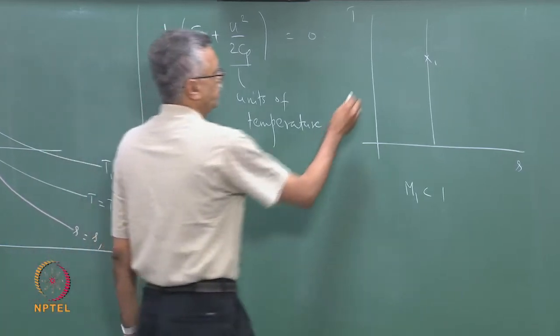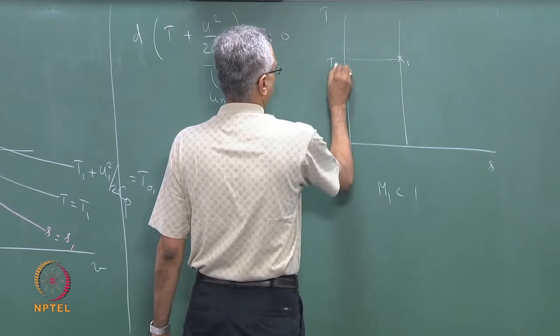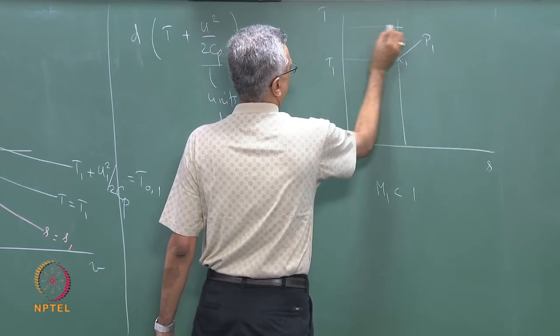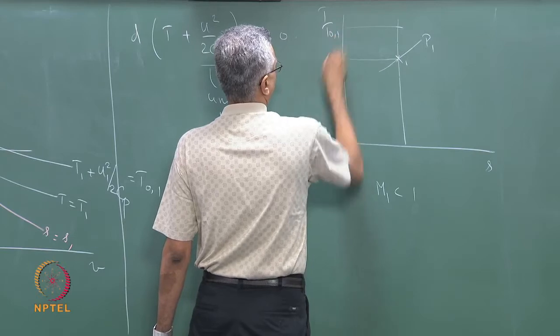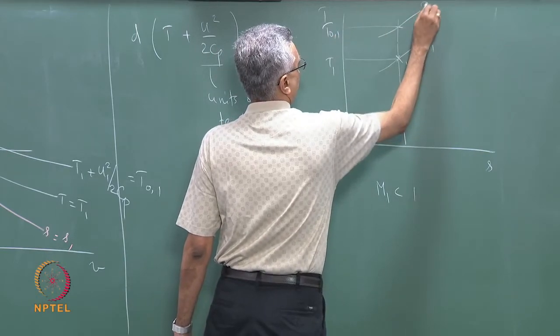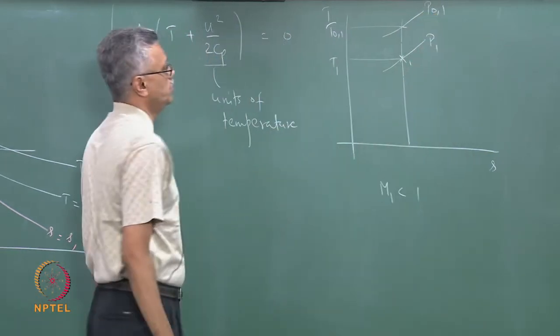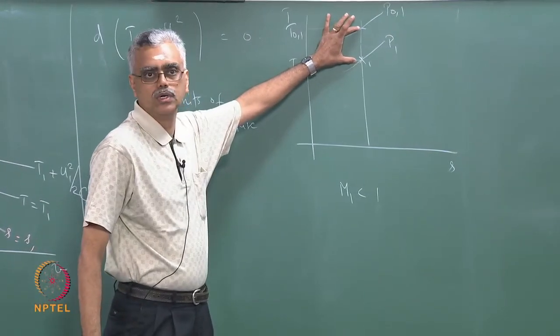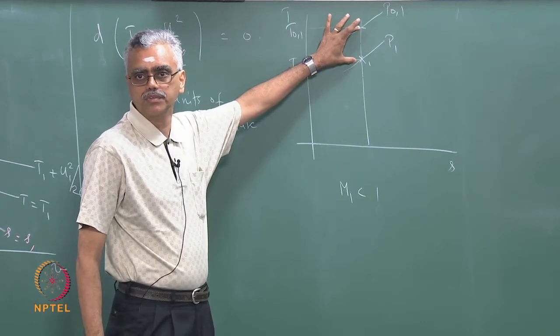So I have T1, this is my T1, this is my P1, this is my T01, this is my P01, I have indicated all that here, and this is equal to U1 square over 2Cp, that is what we showed in the previous diagram.